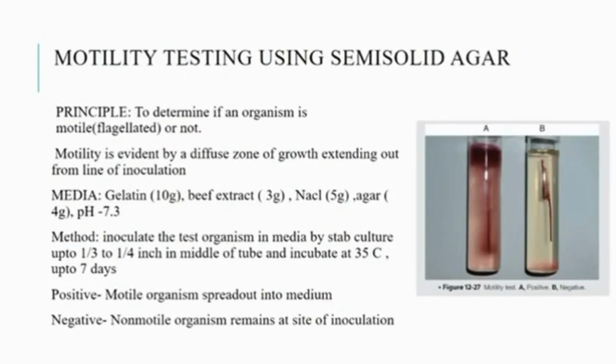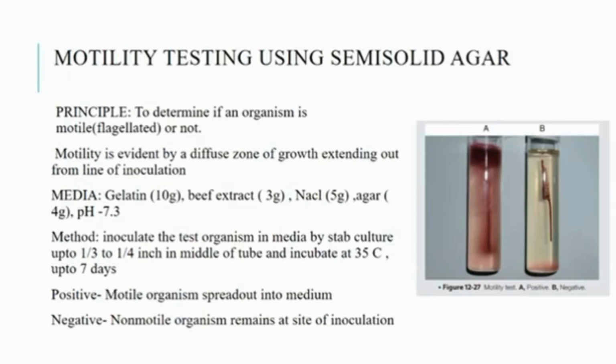The next method is using semi-solid agar. This is an indirect method. The principle of this method is to determine if an organism is motile, that is flagellated or not. The media which we use is composed of gelatin, beef extract, sodium chloride and agar, and it has a pH of 7.3.